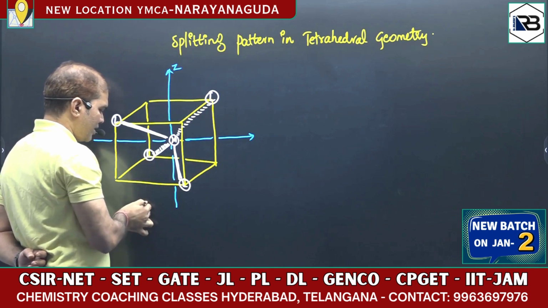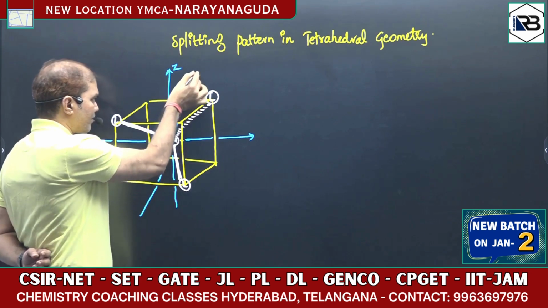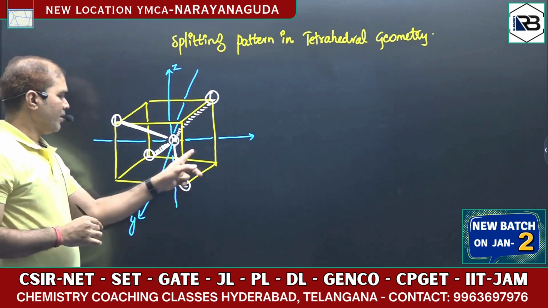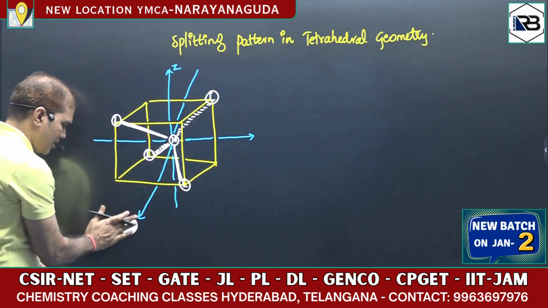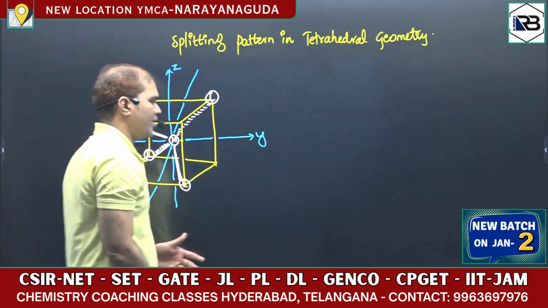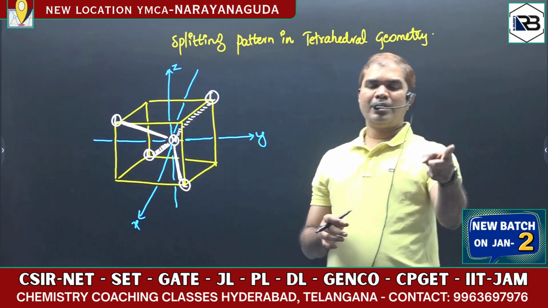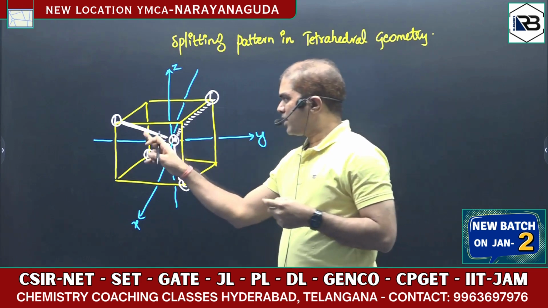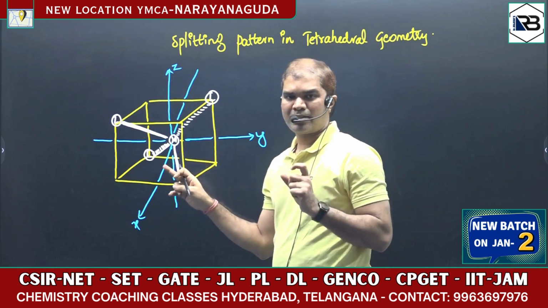And if I consider this as the x-axis, which is pointing towards you and away from you, no ligand is falling along the x-axis. These are just conventions; by convention we take this as x, this as y, and this as z. So the ligands are not falling along the axes, they are in between the axes.